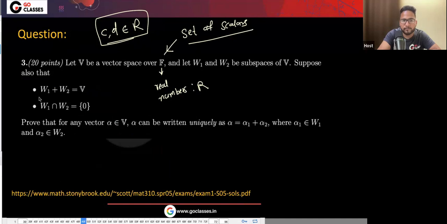Then they are saying, let's suppose that W1 plus W2 equals V and W1 intersection W2 equals 0. Prove that any vector alpha in V can be written uniquely as alpha 1 plus alpha 2. Okay, I think this is a little tricky.